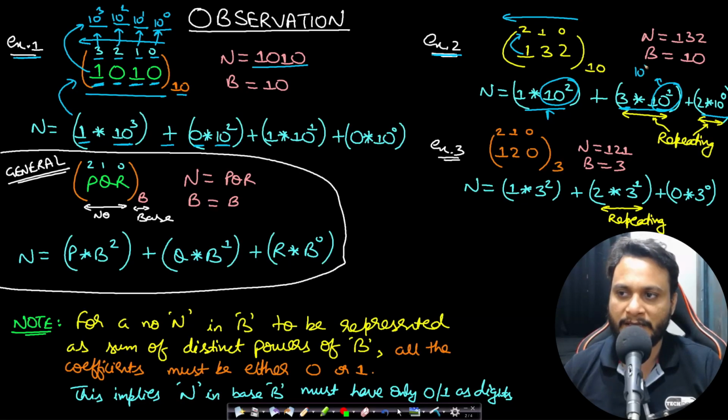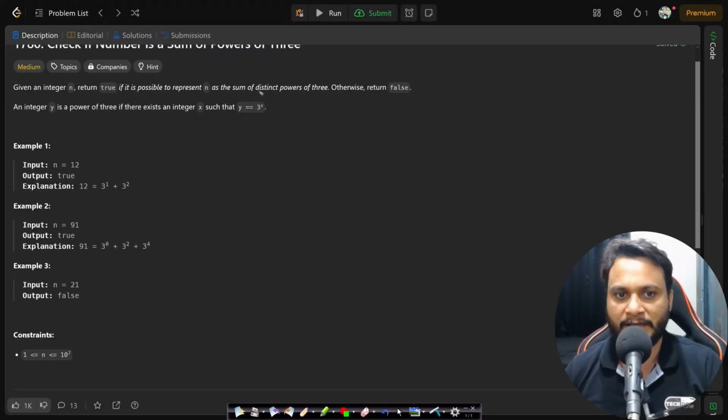It is equivalent to saying that you add 10 to the power of 1 three times in this entire flow so that you can reach this number 132. So this power is repeating, isn't it? And if you look at the problem statement, it was mentioning that we need to include distinct powers only, right?